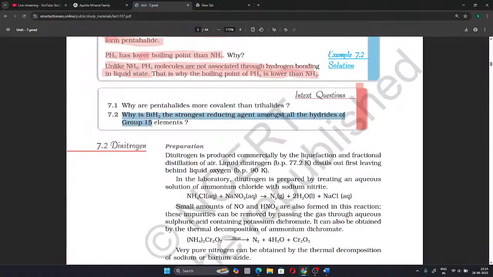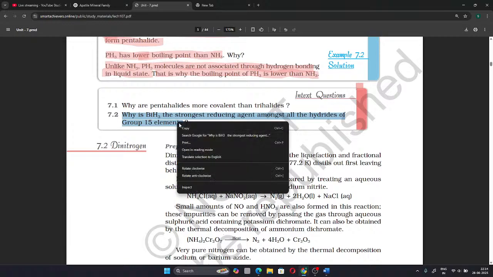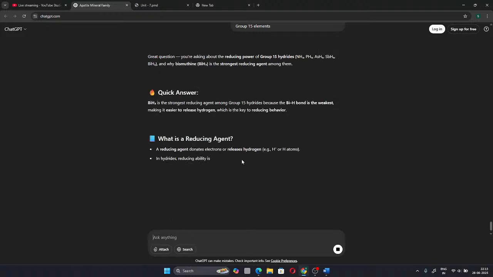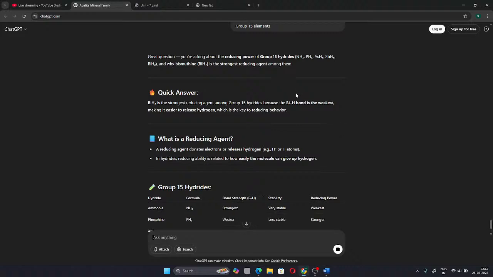Let's see this question. Yes, it can easily release hydrogen.